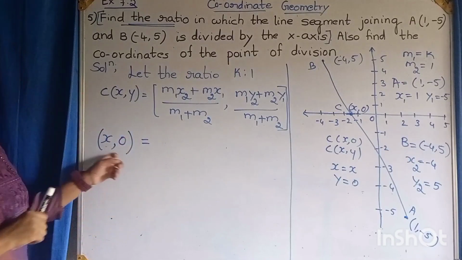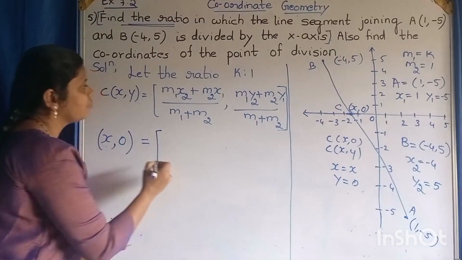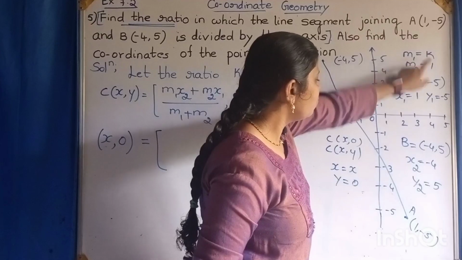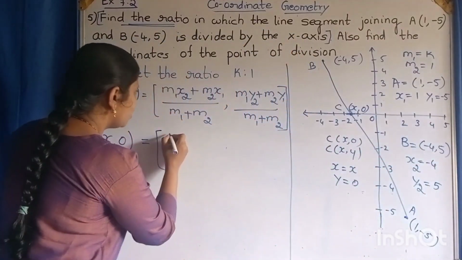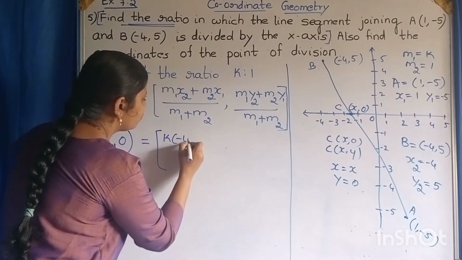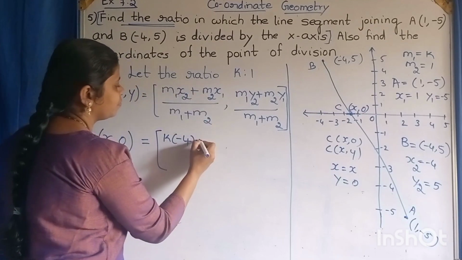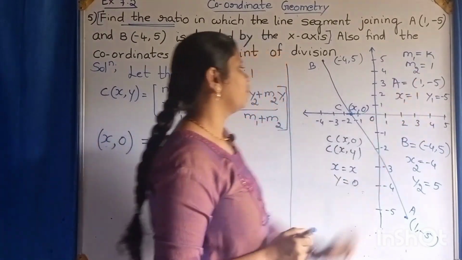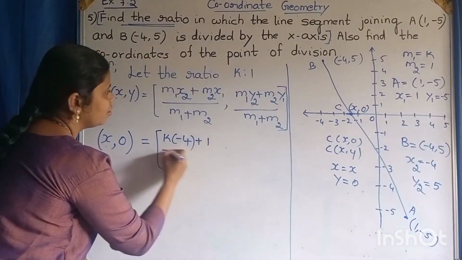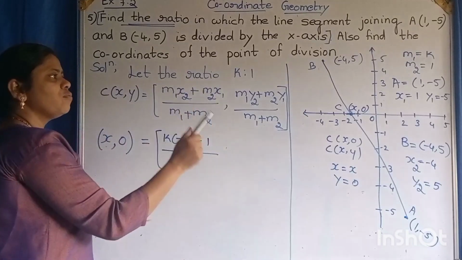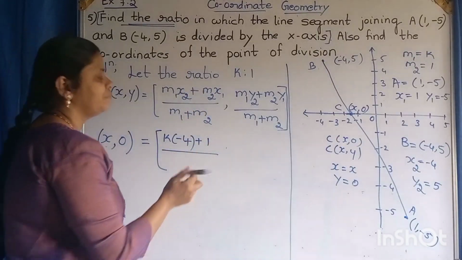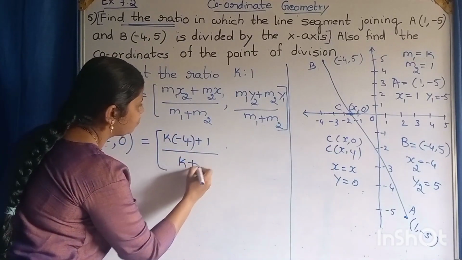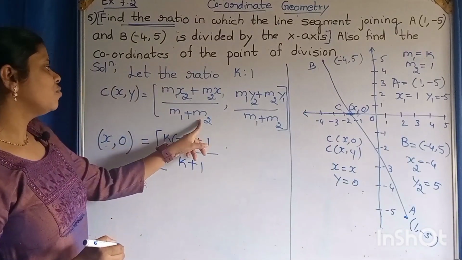Therefore (x, 0). m1 into x2, that is k into -4, plus m2 into x1, that is 1 into 1, that is 1. m2 is 1, x1 is also 1. Divided by m1 plus m2, that is k plus 1, since m1 is k and m2 is 1.